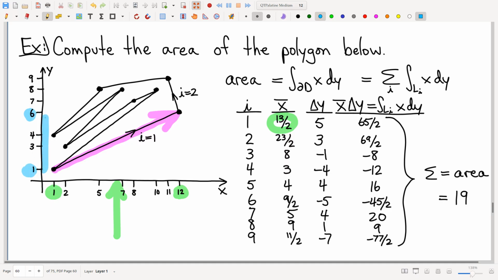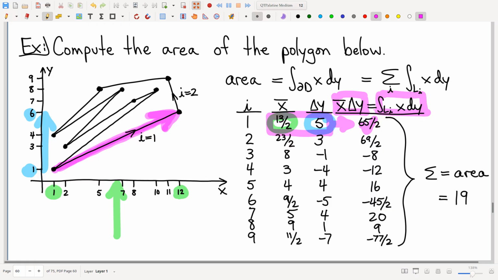So delta y is 5. And the integral on that edge is the product x bar times delta y. So it's this times that, which is 65 halves. That was easy. I mean, really easy for that one edge.